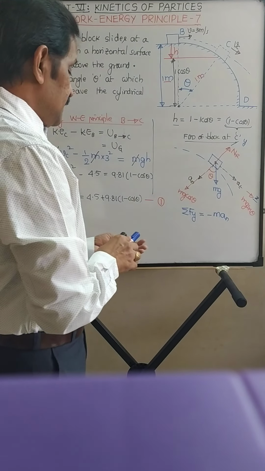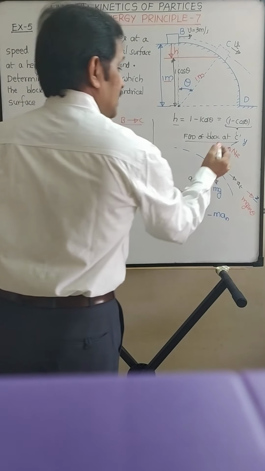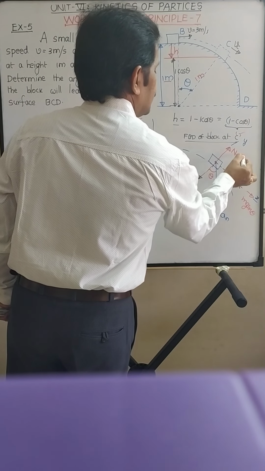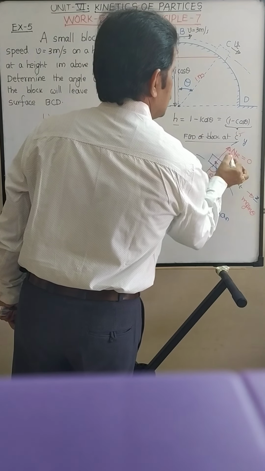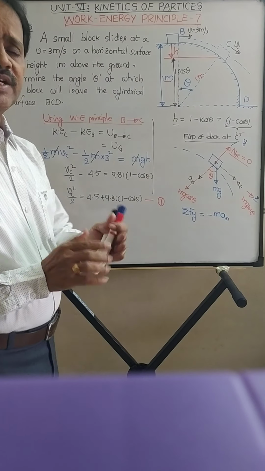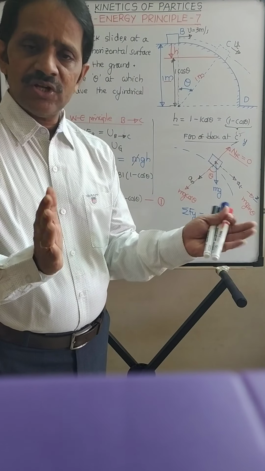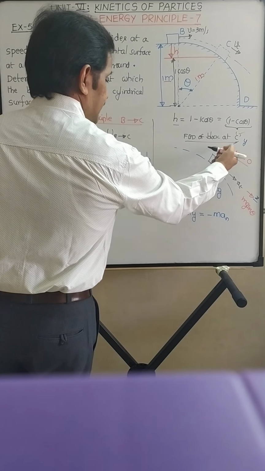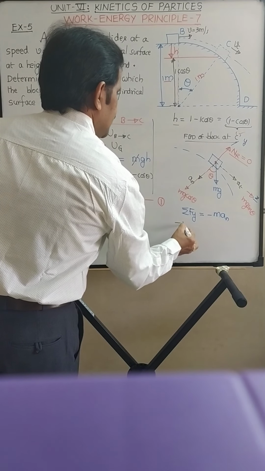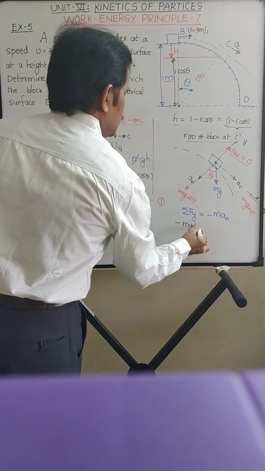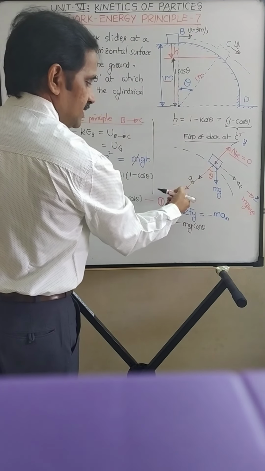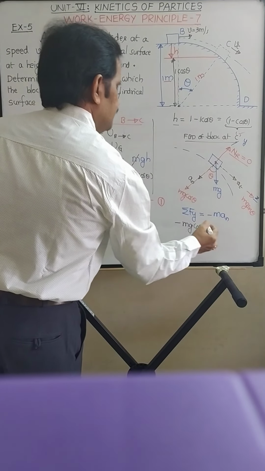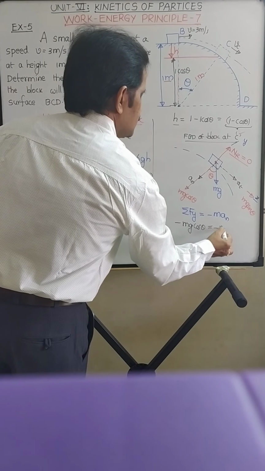Right. But when it leaves the surface at point C, this normal reaction is 0. It is losing contact with the surface. So we can write the other forces acting: it is minus mg cos theta, NR is 0, which is equal to minus m an.